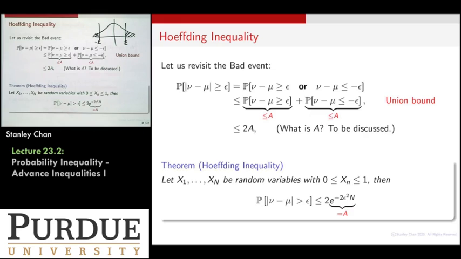Because all probabilities are less than or equal to 1. Well, yes, as n and epsilon go to very small numbers, this upper bound will become 2. You're absolutely correct. But the 2 is still a legitimate upper bound of the probability, because the probability is upper bounded by 1. It's still correct. Nothing is wrong.